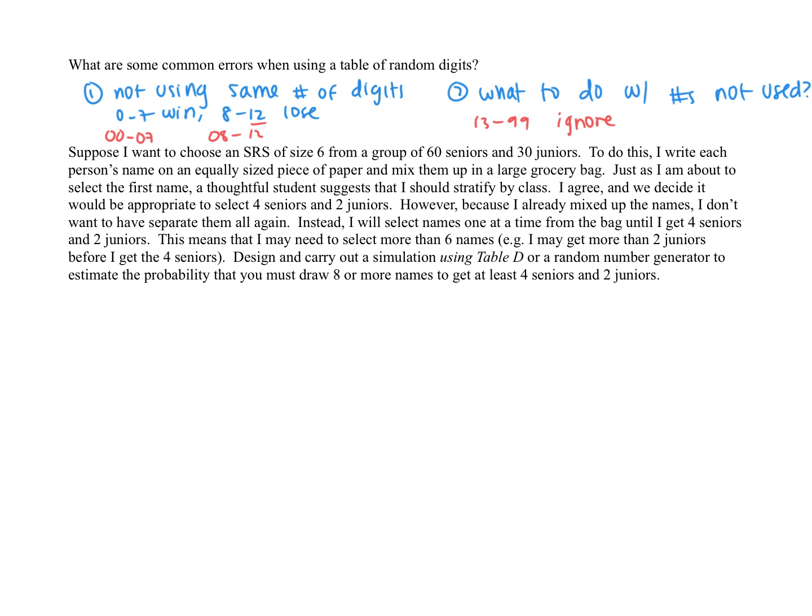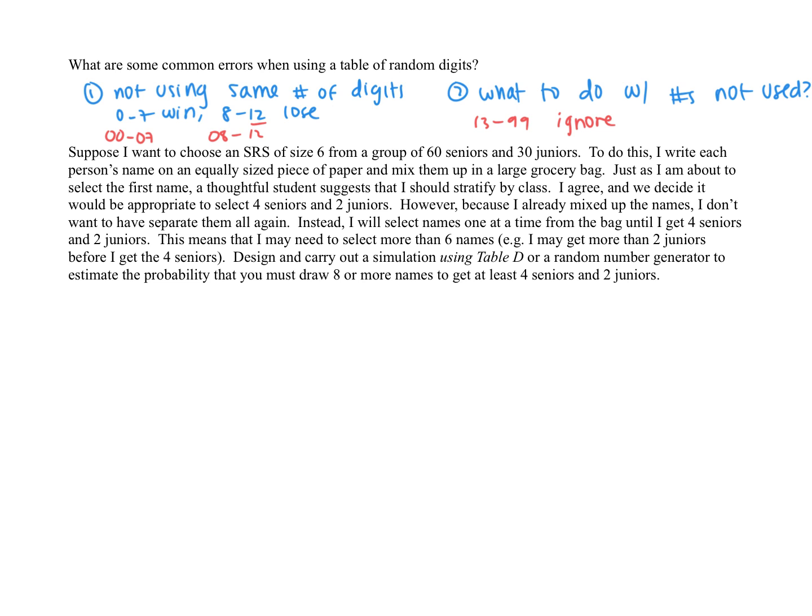I agree, and we decide it would be appropriate to select 4 seniors and 2 juniors. However, because I already mixed up the names, I don't want to have to separate them again. Instead, I'm going to select names one at a time from the bag until I get 4 seniors and 2 juniors. This means that I may need to select more than 6 names, right? So if I get 2 juniors before I get the 4 seniors.